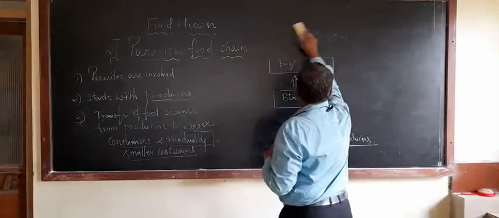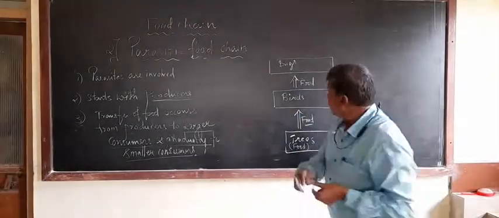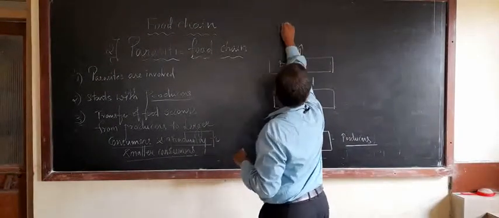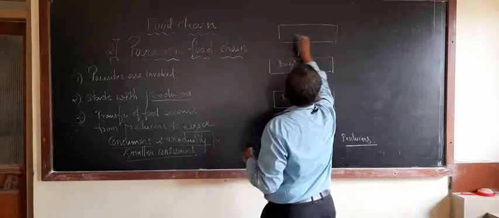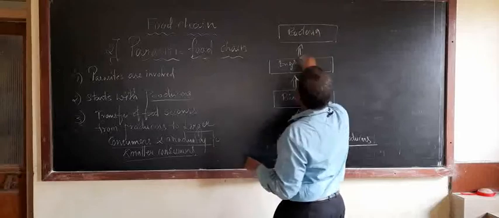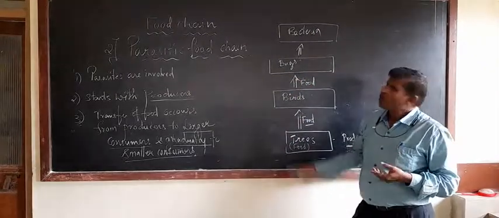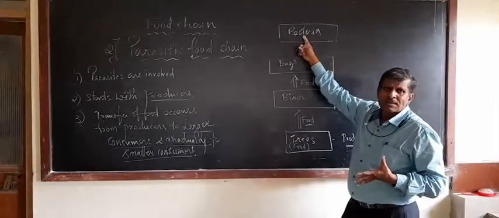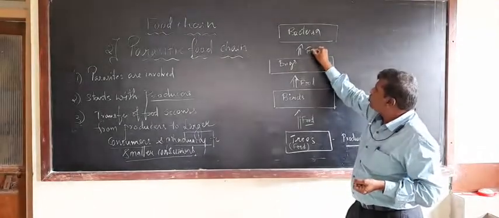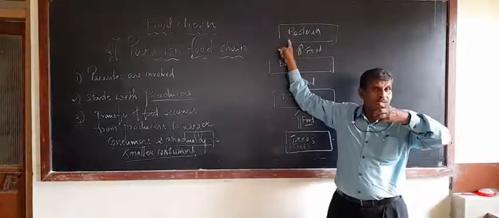Even in the body of each bug, so many bacteria are present. Bacteria are living inside the body of the bugs. Whenever bugs get the food, some amount of food is being taken by the bacteria.